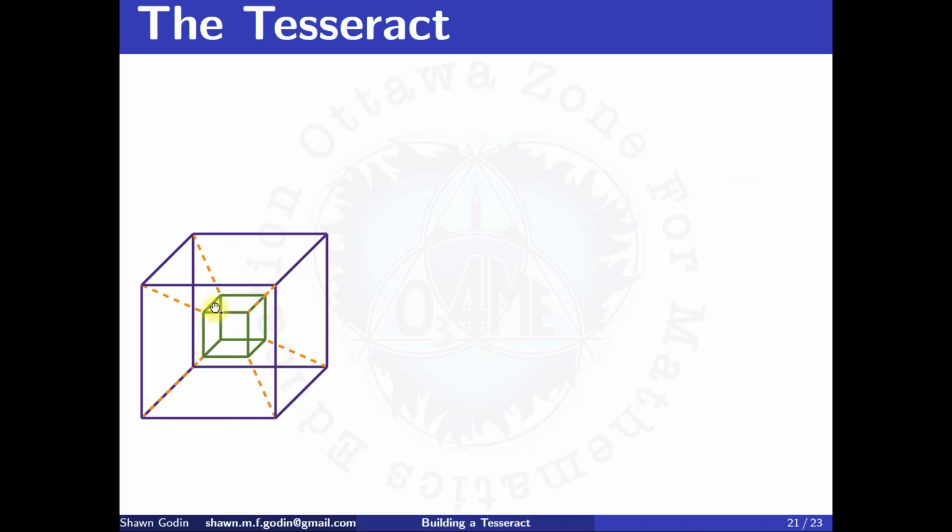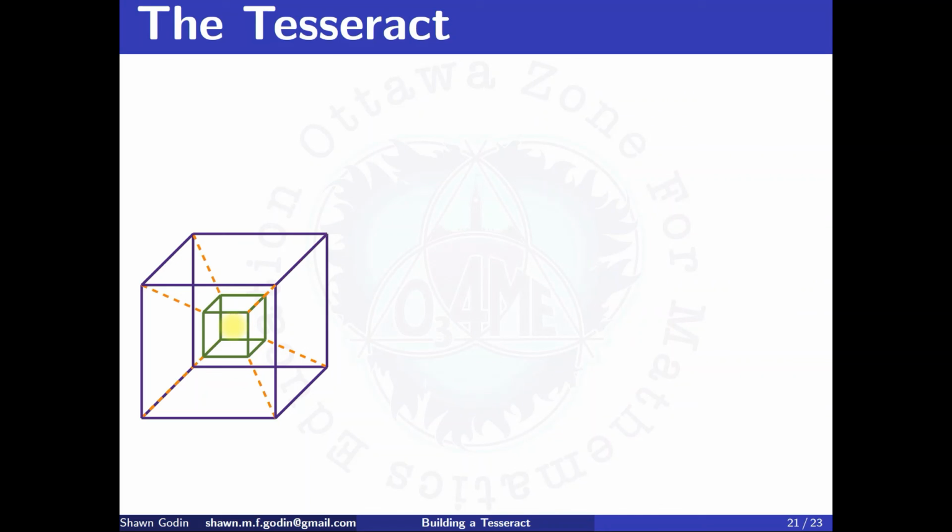And attached, if we can kind of picture what's going on here, I'm going to get these, looks like truncated pyramids, square-based pyramids, that have one face on the bigger one, one face on the smaller one, and these 4 trapezoidal sides connecting them up. And so on each face of the smaller cube, going to each face on the larger cube, we have some of these things.